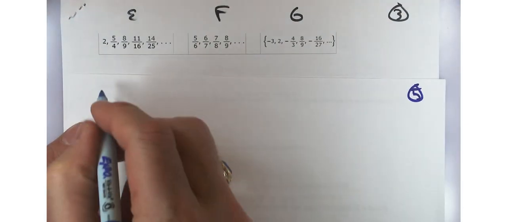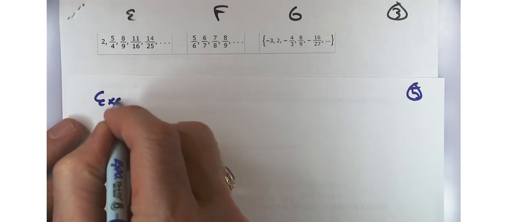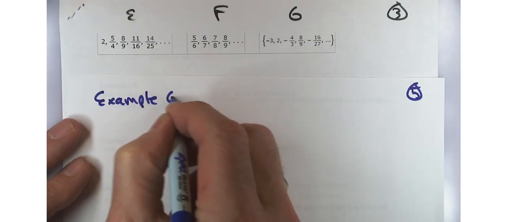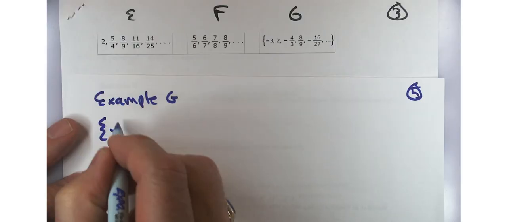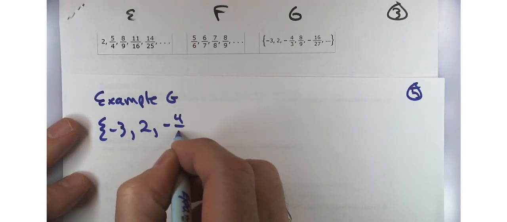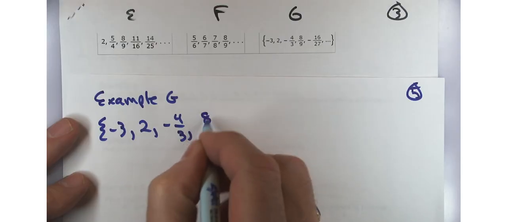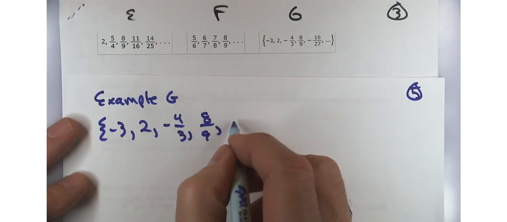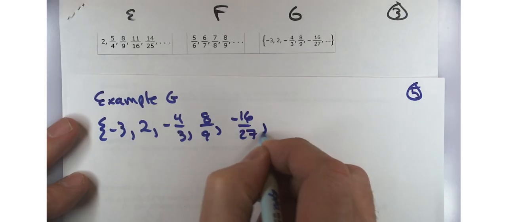So we got example G: negative 3, 2, negative 4/3, 8/9, negative 16 over 27, and so on.